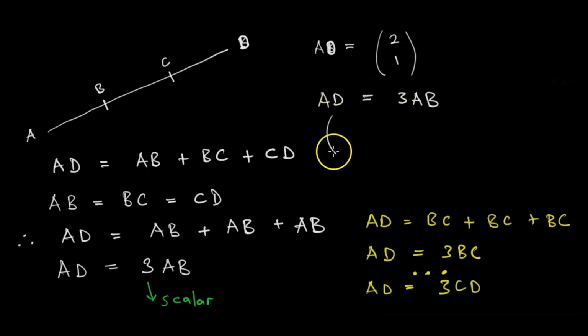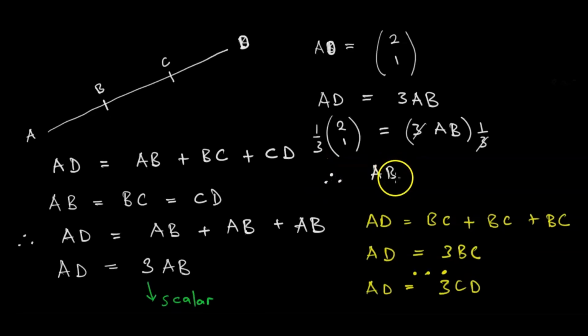We know that AD is (2, 1), so (2, 1) is equal to 3AB, like this. If we multiply this side by 1 over 3, so that the 3s cancel, we multiply the other side by 1 over 3 as well. This means, therefore, AB is equal to a third of (2, 1), of which (2, 1) is AD, so AB is equal to 1/3 of AD.